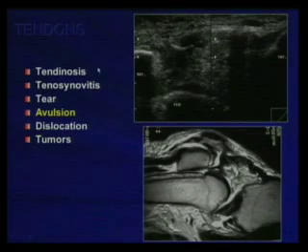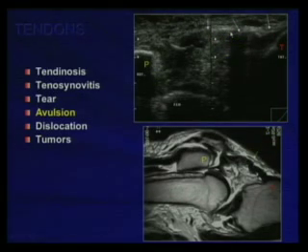We can see also avulsions. Let's see this case. MRI, this is the patella. This is the patella on ultrasound. I tilted the MRI. So you can see the anterior tibial tuberosity, and you can see the wavy appearance of the patellar tendon. And here on the ultrasound, you can see again the wavy appearance of the patellar tendon.